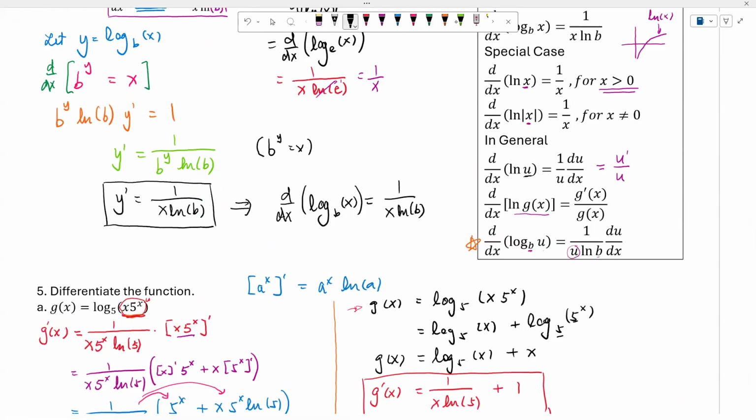So if I apply this, the derivative of natural log of y will be y prime over y.